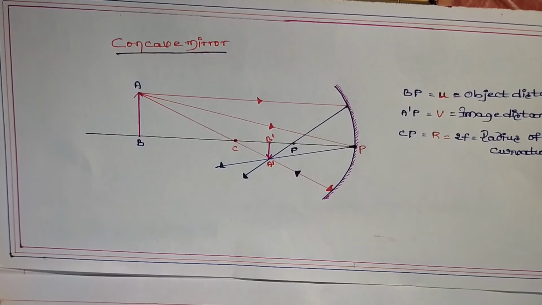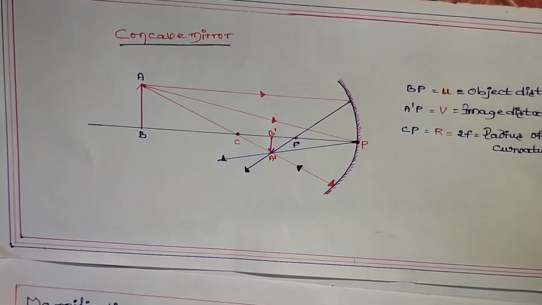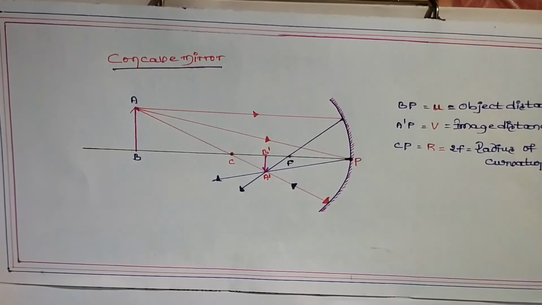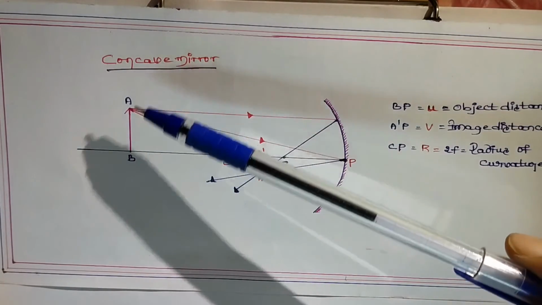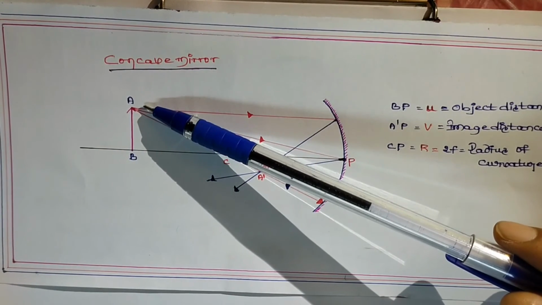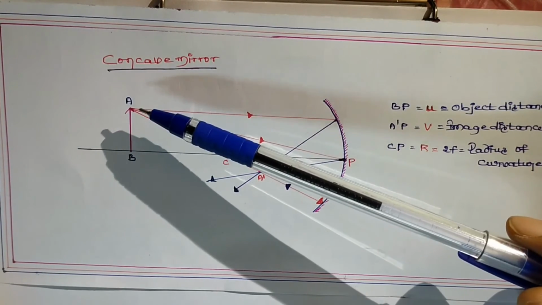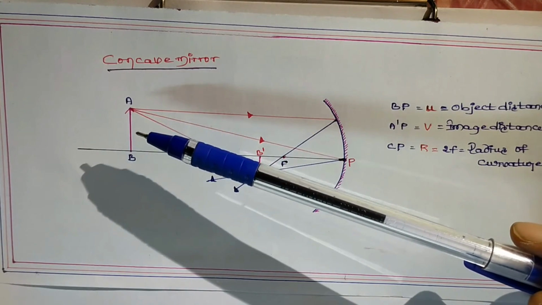According to this sign convention, if you measure the height of the object from the principal axis, taken as positive, above the principal axis, we have to take it as positive, plus h.